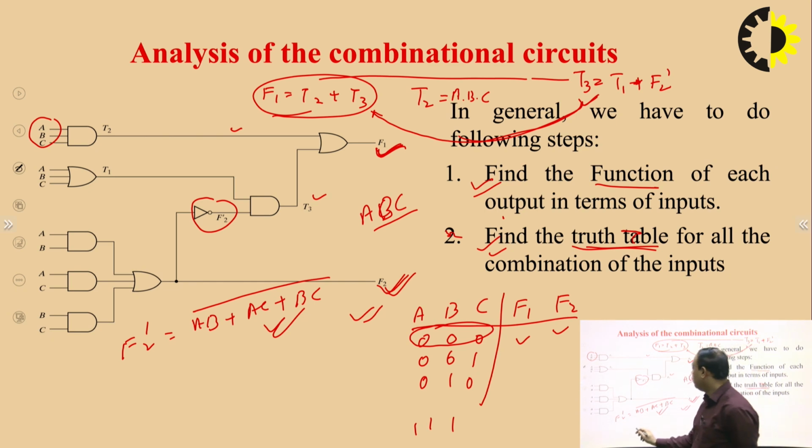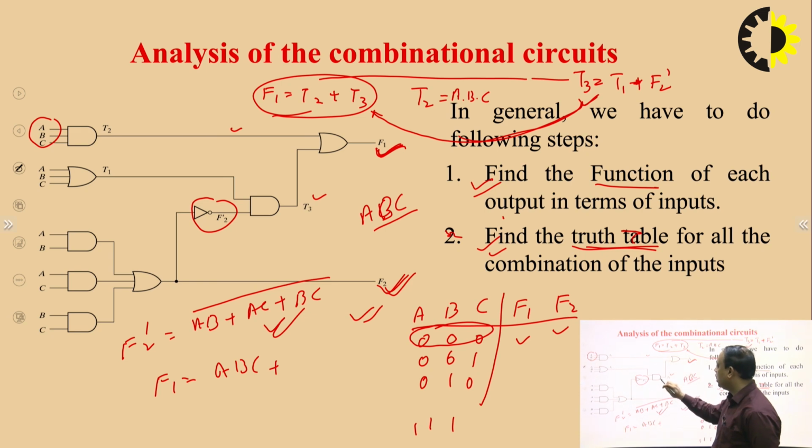The function of F1 is equal to ABC, plus, due to this OR gate, T3, where T3 is F2 dash AND with T1. T1 is again A plus B plus C, multiplied by the function AB plus AC plus BC bar.